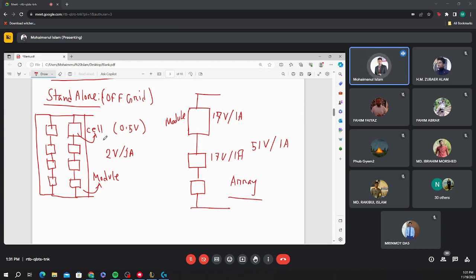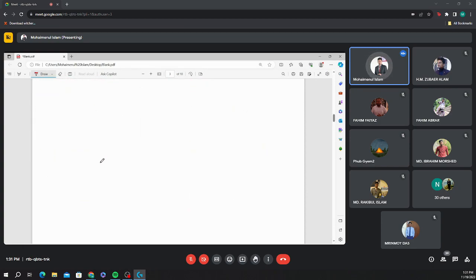Maybe it is possible in off-grid that you are using panels or an array, but in on-grid type, mostly they are not using single PV panels, they are using arrays. That means several PV modules should be there. Maybe if you have a very high power PV panel, you can use one single panel also. Okay, so what would the block diagram be then?